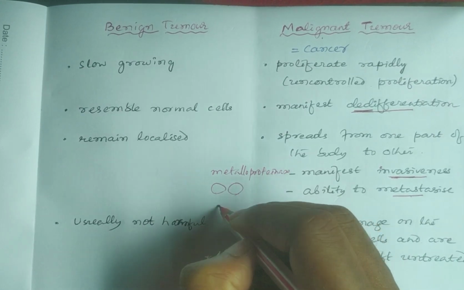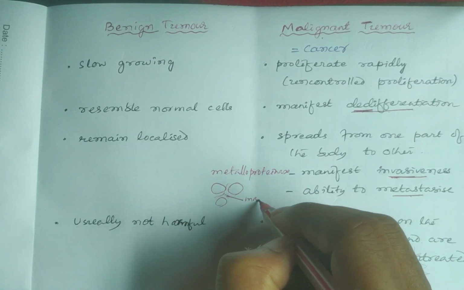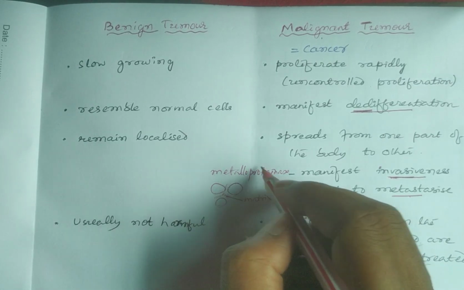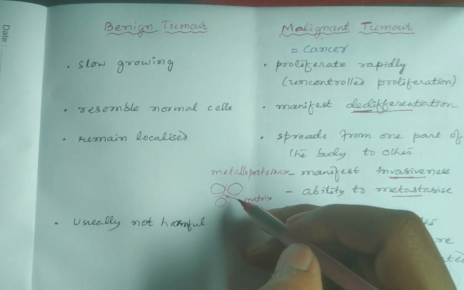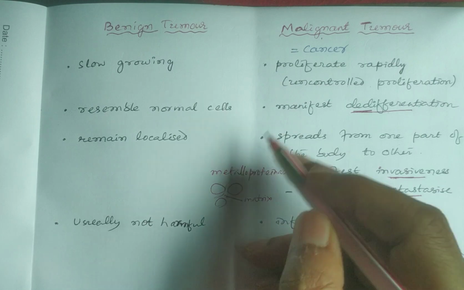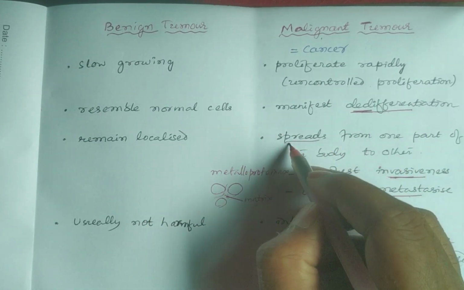So suppose these are the cells, this is the intercellular matrix, and this matrix is dissolved by the metalloproteinase released by the cancer cells. So there is invasion of the cancer cells to nearby areas. That means it will start to spread.